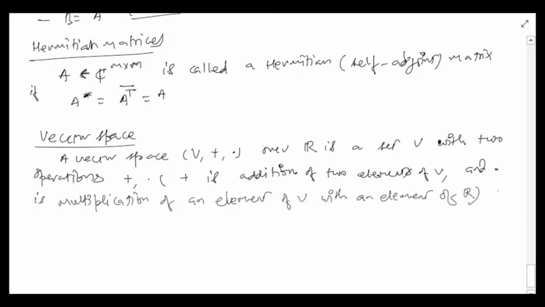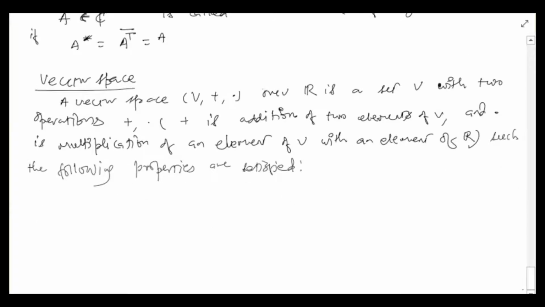So there are two operations such that the following properties are satisfied. Let us see what are the properties that are needed for vector spaces. First property is V is closed with respect to these two operations, namely multiplication and addition.